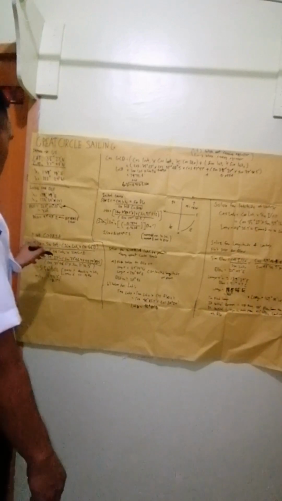Cosine FC equals sine latitude 1 minus sine latitude 2 times cosine GCD, divided by cosine latitude 2 times sine GCD, which equals sine 35 degrees and 27 minutes minus sine 37 degrees and 48.5 minutes times cosine 74 degrees and 32.5 minutes, divided by cosine 37 degrees and 48.5 minutes times sine 74 degrees 32.5 minutes.